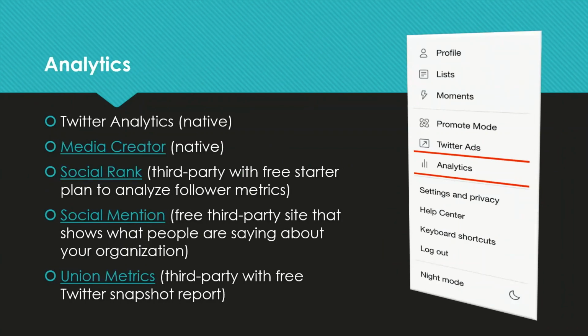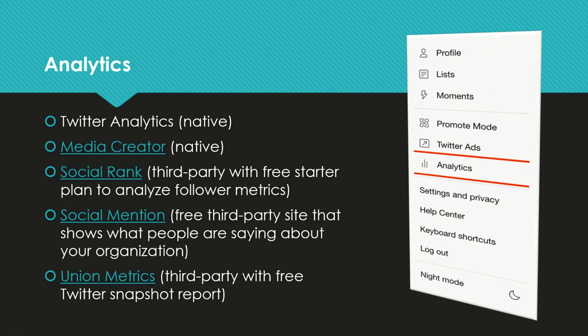Twitter analytics, if you go to your drop down menu, you click analytics. That is the built-in Twitter insights for all of those metrics that I just told you about.